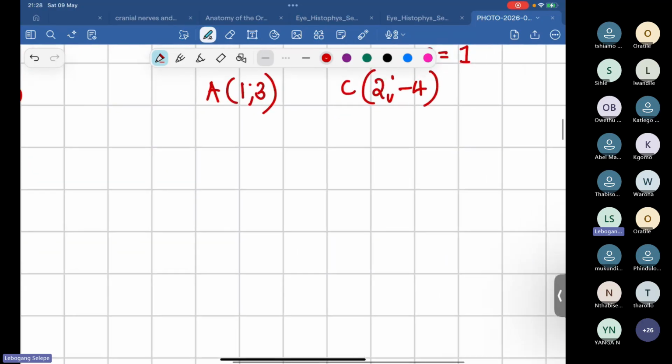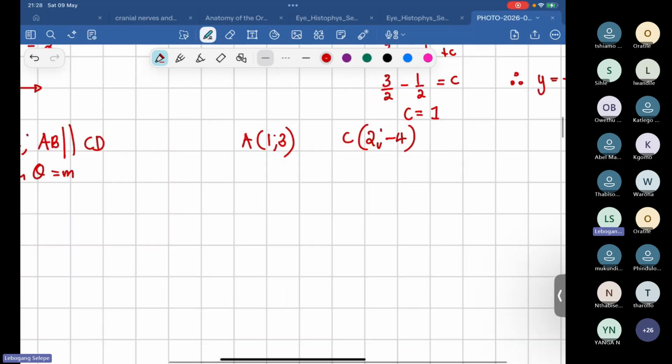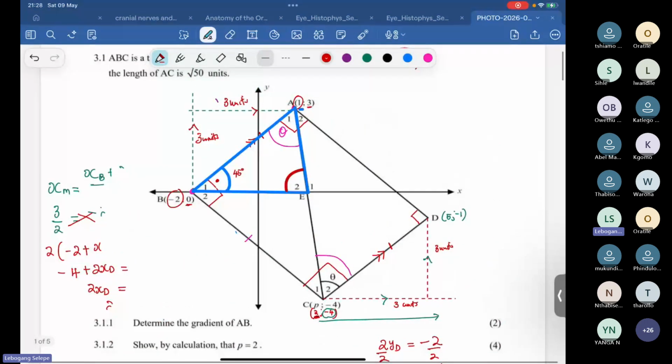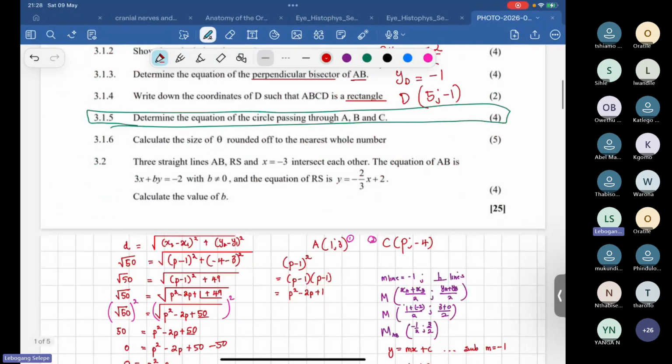Now here we want to calculate the inclination of AC, but the problem is that we don't have the gradient of AC, right? So it means that we need to firstly work around calculating the gradient of AC.